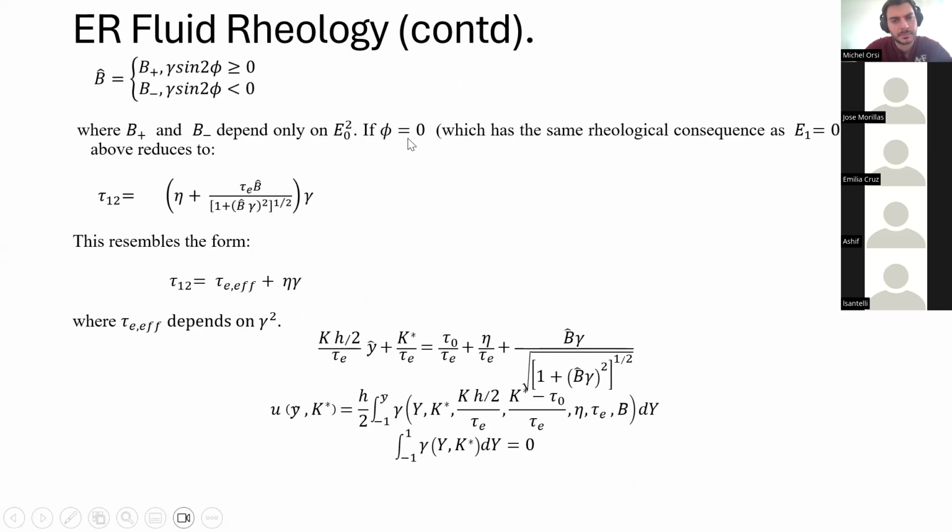If phi is 0, which has the same rheological consequence as E1 equal to 0, the above equation reduces to this. This resembles the form tau 1 2 is equal to tau E effective plus eta y, where tau E effective depends on gamma square.